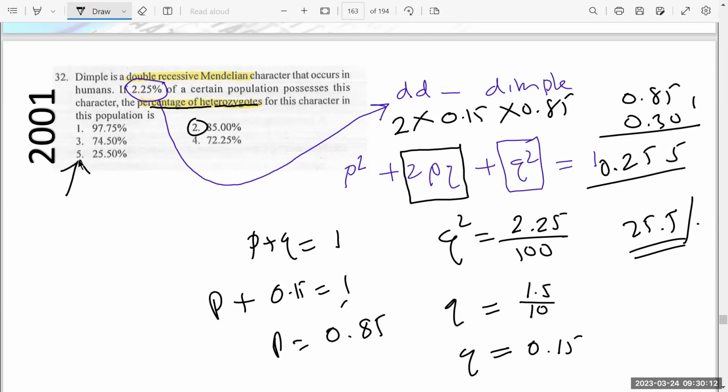If you want to find the percentage of homozygous dominant, then we have to get this value, that is 0.85 squared. But I didn't find many questions like this in the last 20 years of papers.